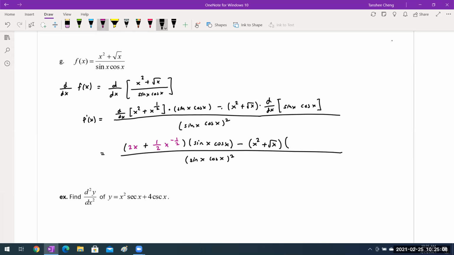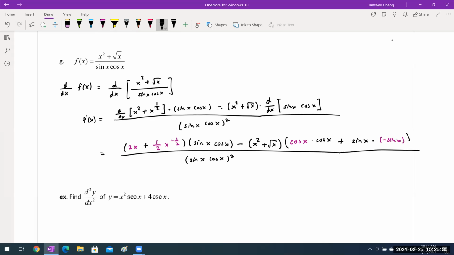This one we need to use the product rule. So the derivative of the first factor, the derivative of sine x, right? That will be cosine x times cosine x plus the first factor, which is sine x, times the derivative of cosine x, that will be negative sine x.